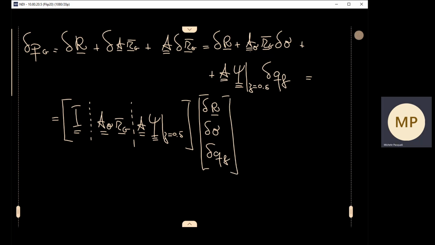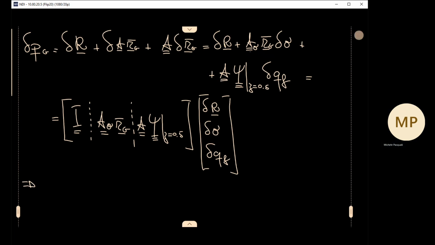Okay, it's the same that we have written before. If you multiply this times this, you get this one. If you multiply this times this, you get the second term. If you multiply this one times the last one, you get the last term. It's just a way of rewriting it, nothing different.